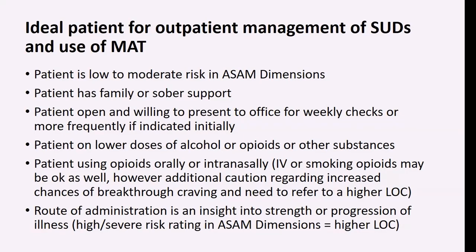However, additional caution regarding increased chances of breakthrough craving and need to refer, having someone to consult with, because doses might be a little higher, the checks are a little more frequent, and having a support person riding along with you would be important if they're using intravenous. Route of administration is an insight, as we mentioned, and might point to need for more support.